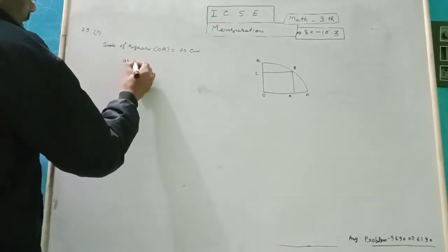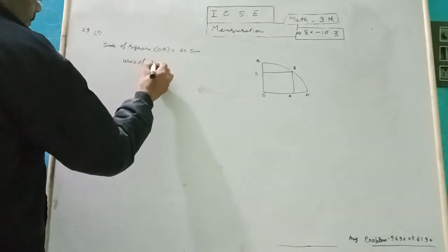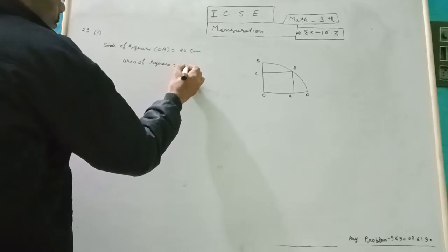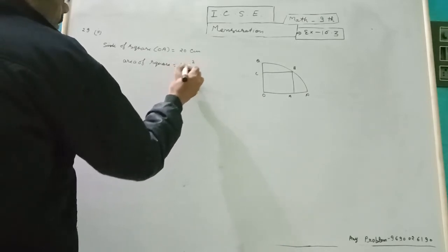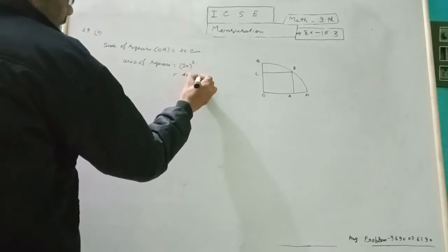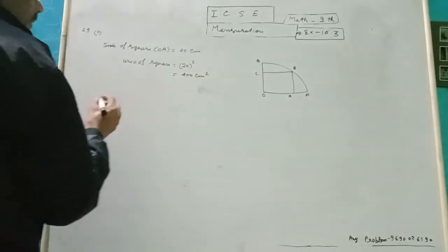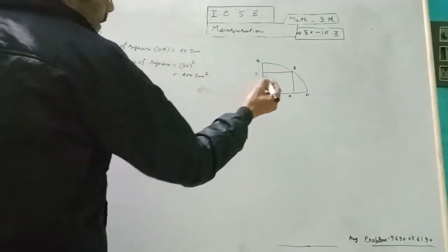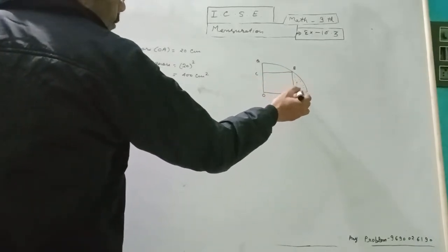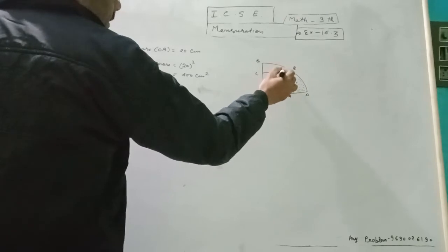Area of square is equal to side squared, which is 400 centimeter square. We find the area of the shaded part.